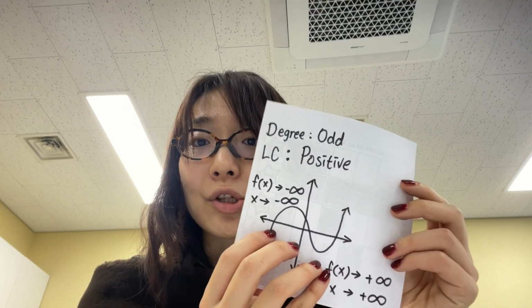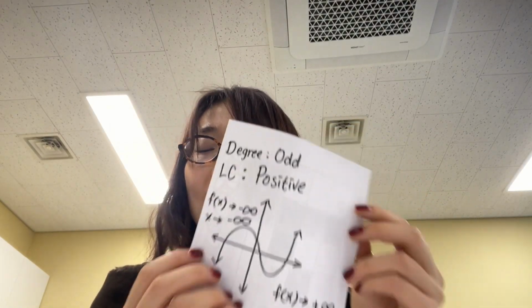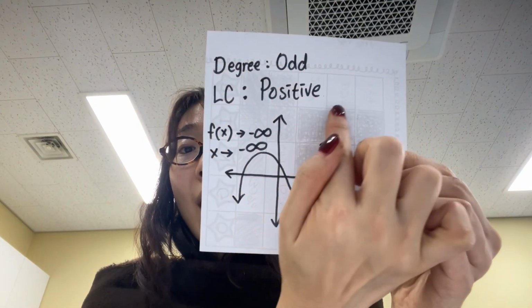So for example, let's say we have an odd degree, such as a linear or cubic function, and our leading coefficient is positive. Then what happens? Usually, when our leading coefficient is positive, we know that our graph would go up, right?